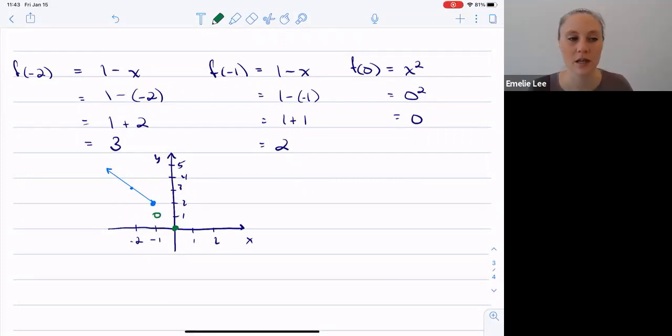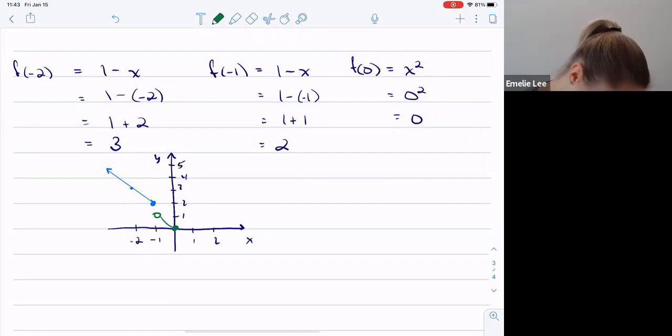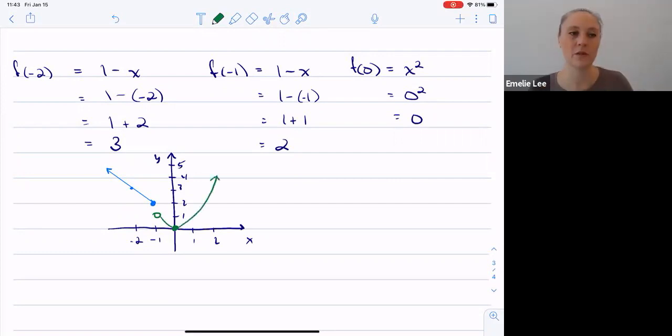So like this, and then just knowing the shape of a parabola, I'm going to go like that. So we've got this jump at -1 where, if you're coming in from the right, you're coming in on a parabola, and then we've got this jump to a straight line, or from the left, either way.